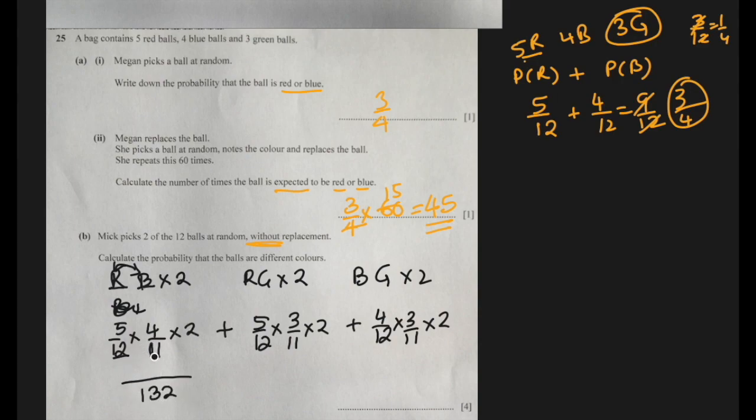This will be 5 times 4, 20 times 2, 40, plus 15 times 2, 30, plus 4 times 3, 12 times 2, 24. So 40 plus 30 is 70, plus 24, 94 out of 132. So 47 over 66. This is the probability that they are of different colors.